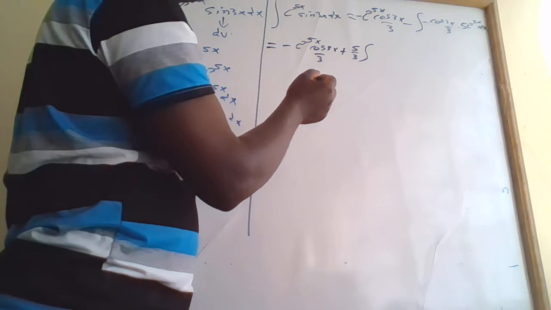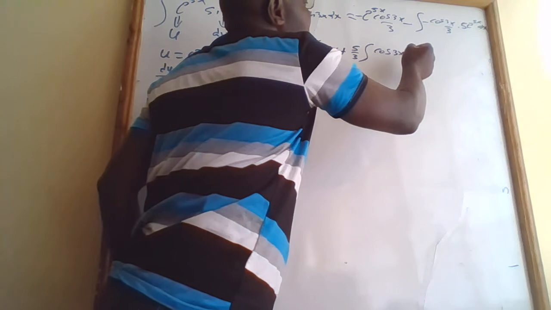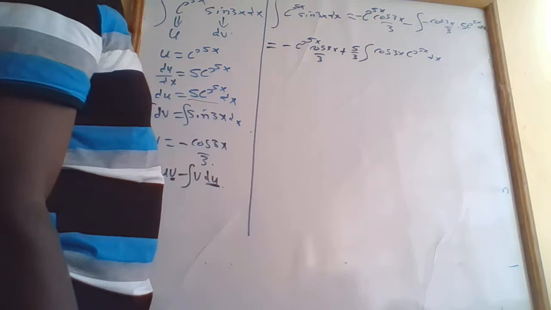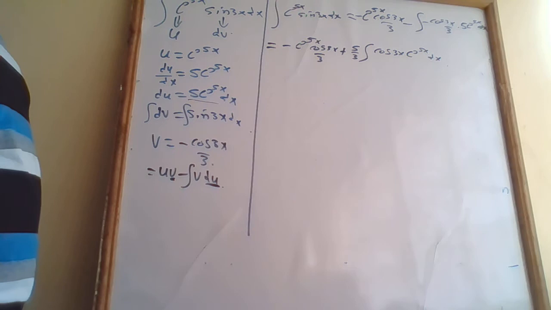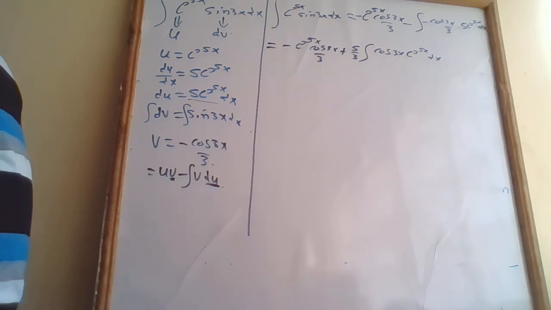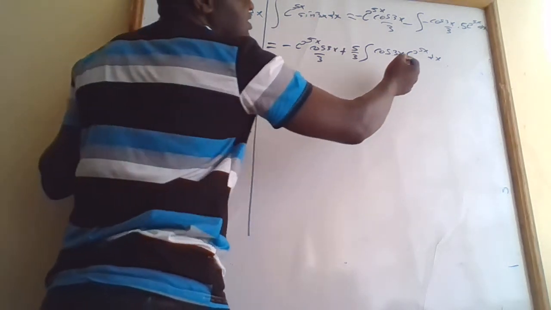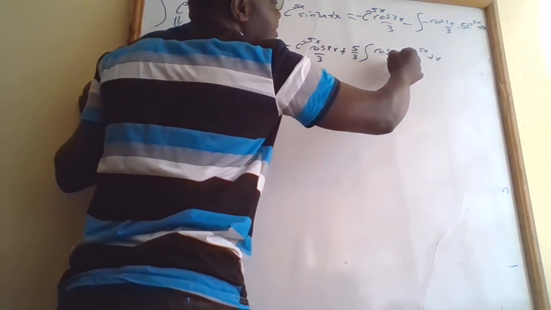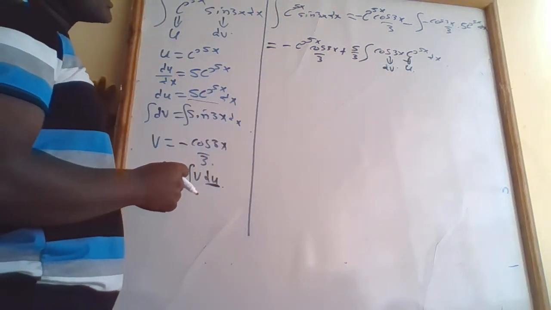Now the integral of cos 3x e^(5x) dx. At this point again, you can see we need to do the assigning. So this e^(5x) will be our u, this will be our dv, cos 3x.